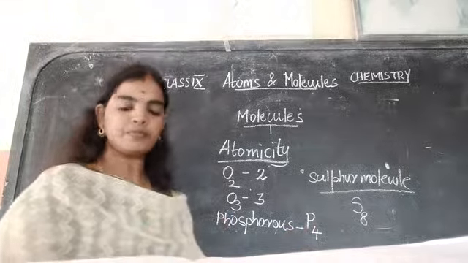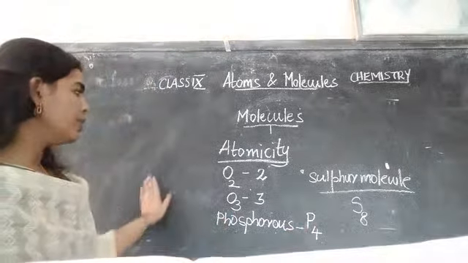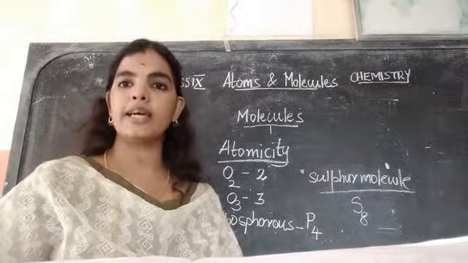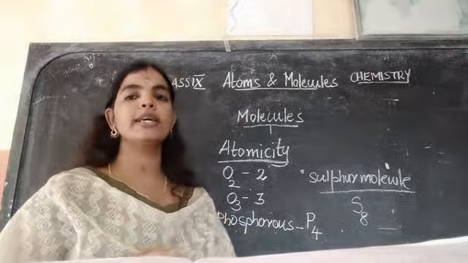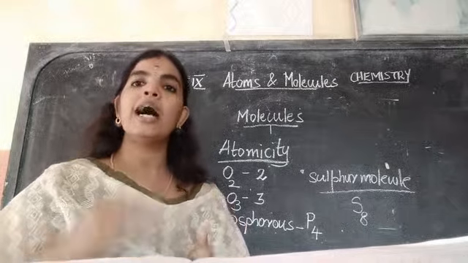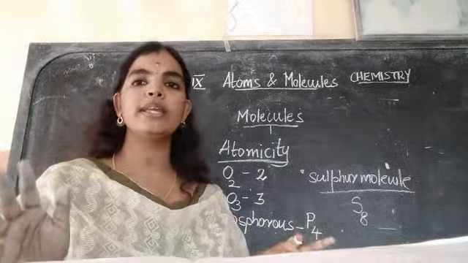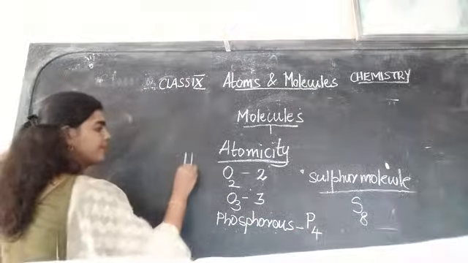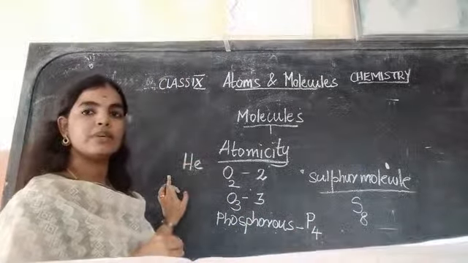Is it clear? Okay. What about monoatomic? There are some elements like noble gases or inert gases, those elements which don't react with any other one because they are already stable. For example, helium. The symbol is He.